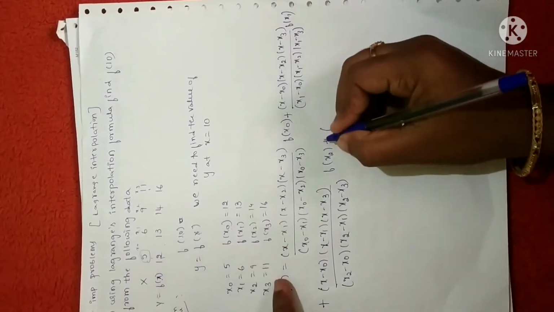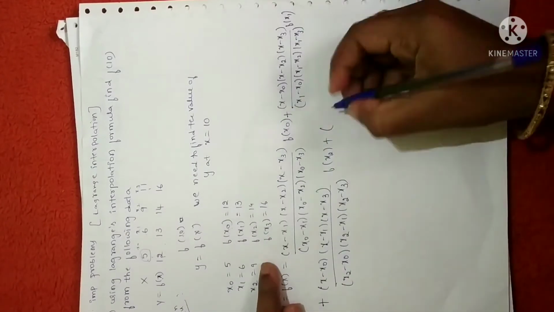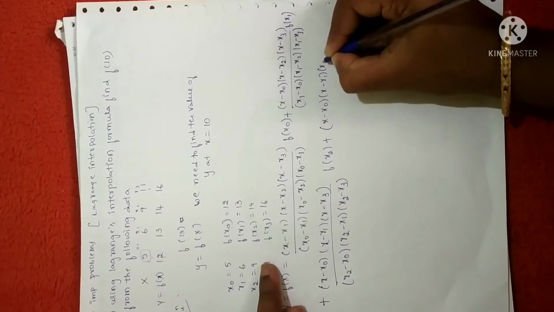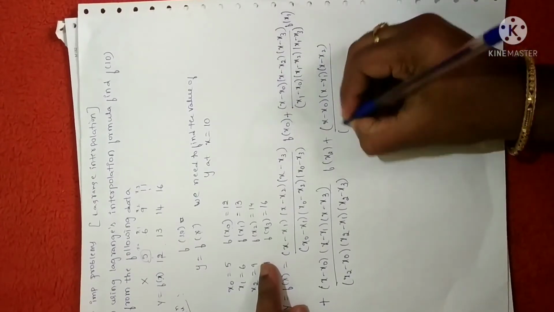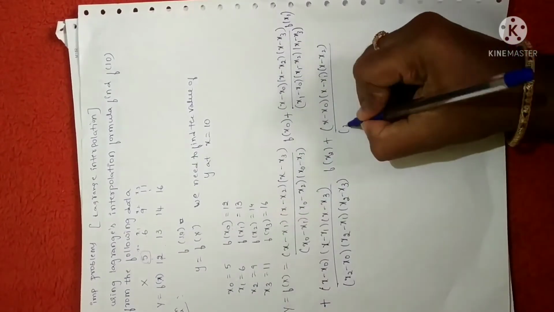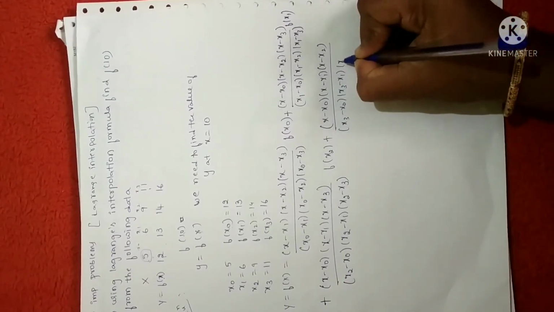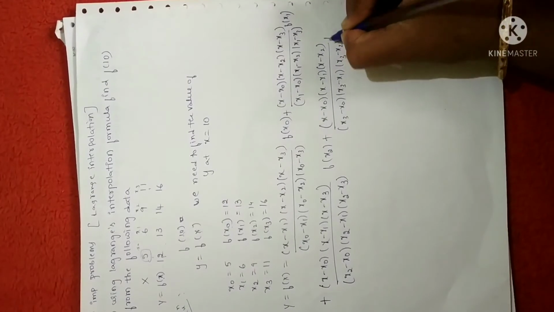Fine. Next, you leave x3: x minus x naught, x minus x1, x minus x2, divided by x3 minus x naught, x3 minus x1, x3 minus x2, into f of x3.